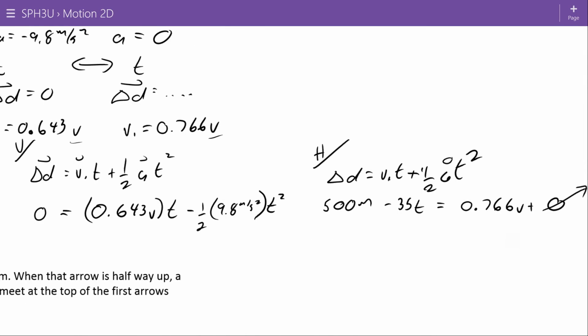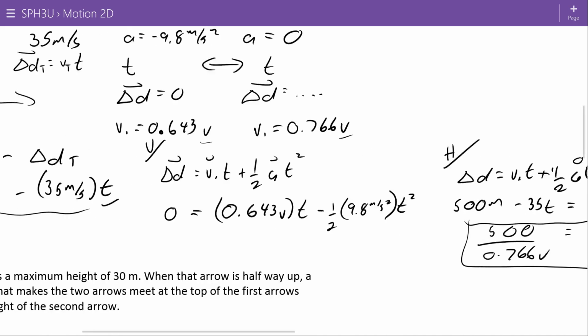I'm going to solve this equation for t and substitute it into the other side, although you could solve either equation. So I'll move the 35 t over to this side: 35t equals 500 divided by 0.766v. And that gets me an equation for t.